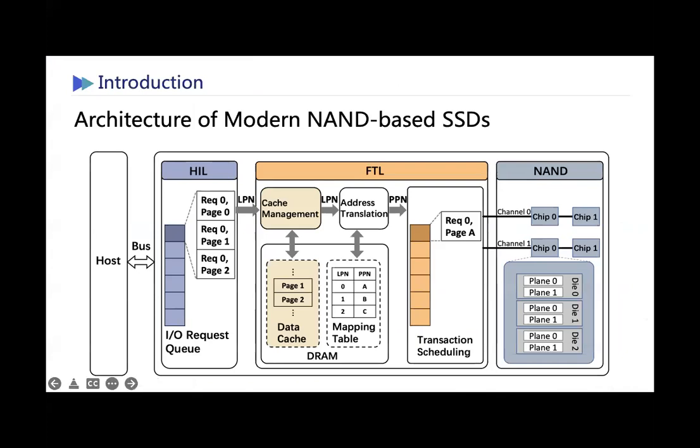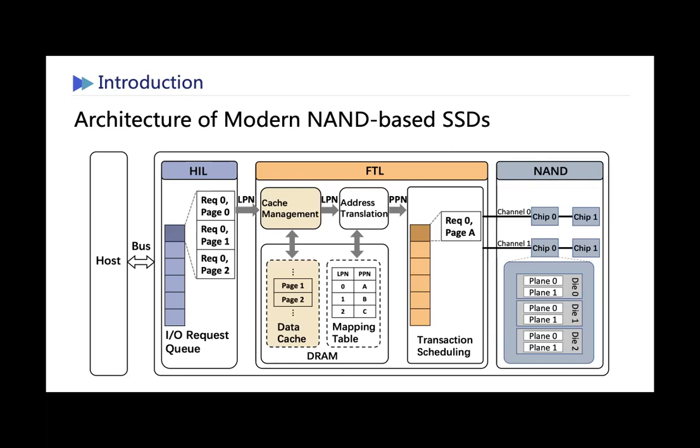NAND-based SSDs show better performance on random access, power consumption, and massive parallelism compared with hard drives, and have been widely used in digital devices, data centers, and high-performance computers. The figure shows the typical architecture of modern NAND-based SSDs.